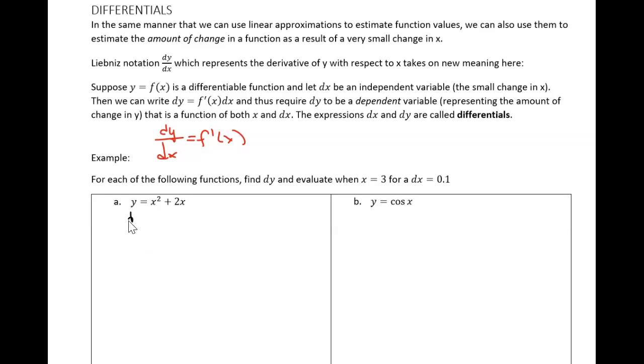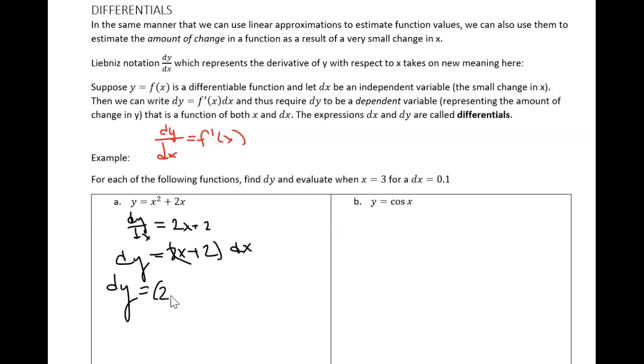So let's take our derivative. dy/dx is 2x plus 2. Isolate the dy. That's really the only new thing here. And then we're going to plug in x equals 3 and dx equals 0.1.